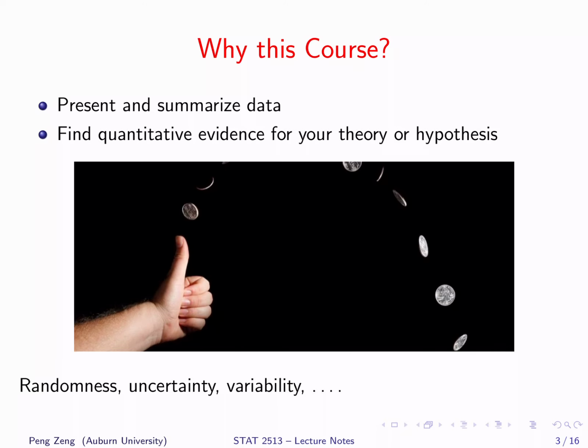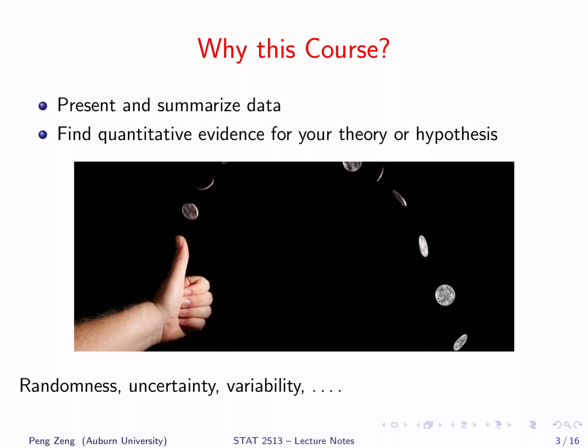It can be a head or a tail. This is a random phenomenon because we cannot predict the outcome. However, if we toss the coin many times, we will be able to find some patterns from the outcomes. We will observe that we can get heads roughly half of the time.